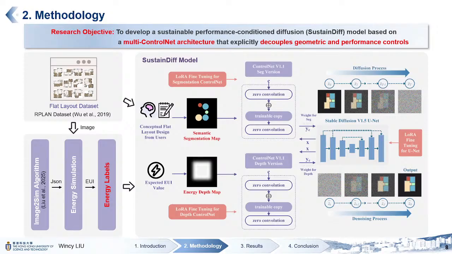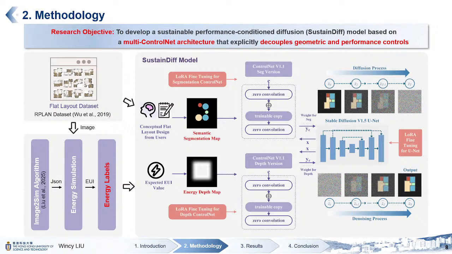We put forward our research objective: to develop a sustainable performance conditioned diffusion model based on the multi-ControlNet architecture, so that we can consider the geometric condition and the performance condition better. And here is the whole workflow. In this workflow, there are 3 main parts.